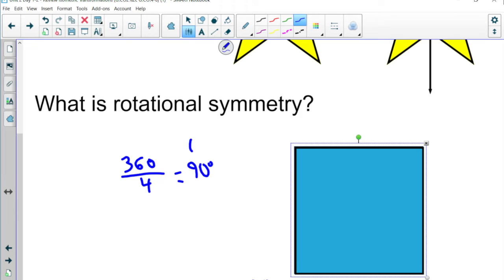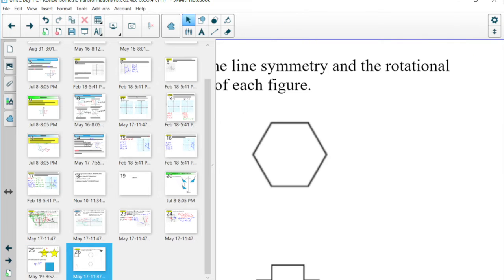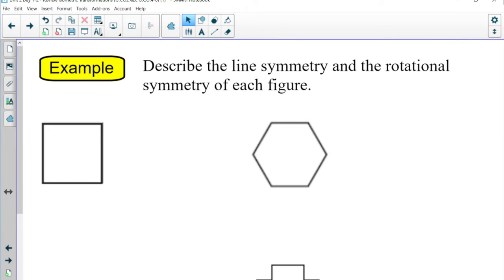So every 90 degrees, there was rotational symmetry. That's the idea there. So let's look at a couple of examples here to give us the idea. All right, we basically did the square.